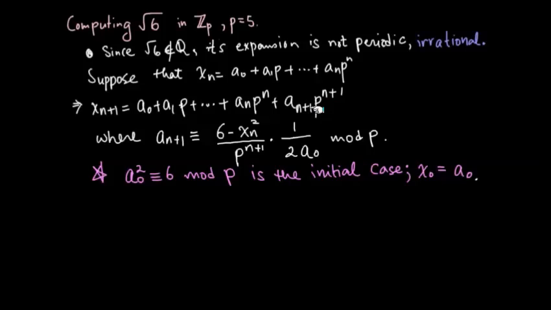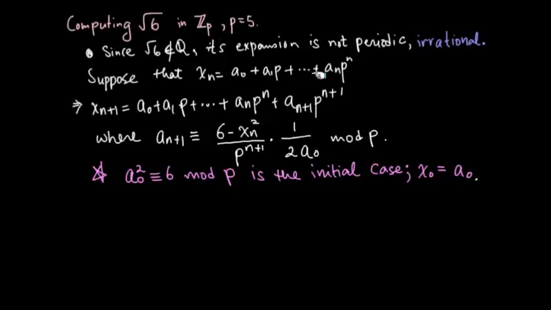This an plus 1 is determined by that equation, that beta n, 2 b and a0, so that was a b here, and this part was a beta after you knock down p to the n plus 1 from 6 minus xn squared. So that's a beta part, and you divide it. Rather, we should use this 2a0 inverse, but I prefer this form for the next part. So this is the recursive algorithm.